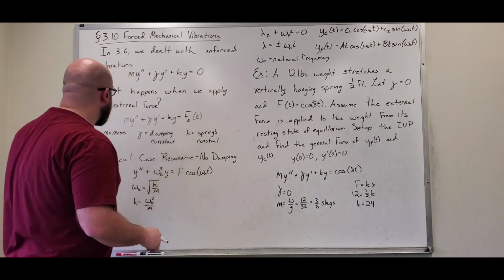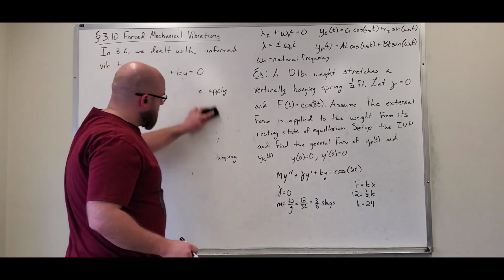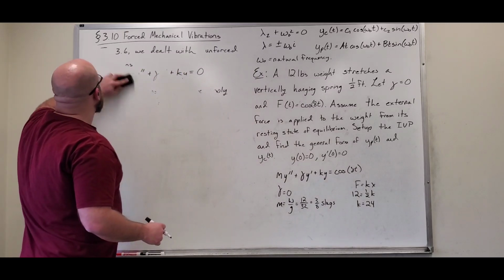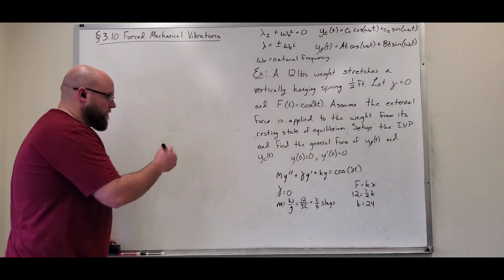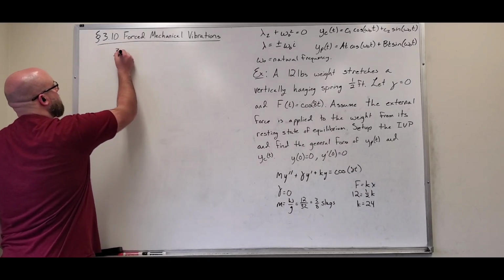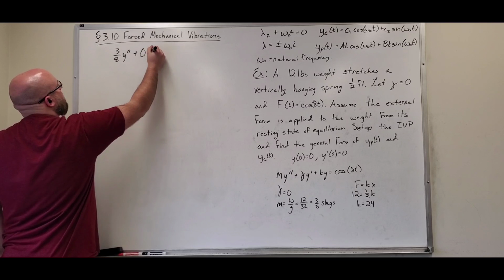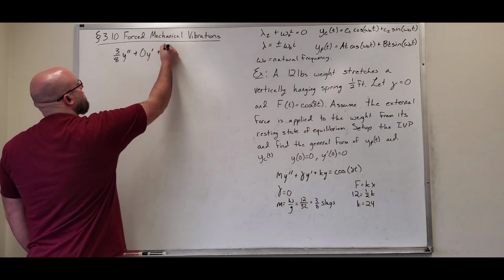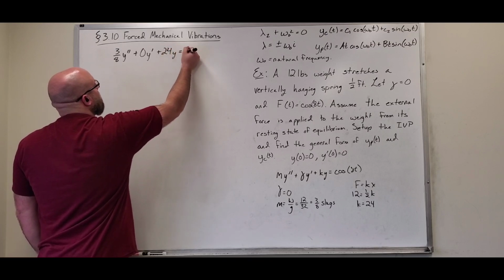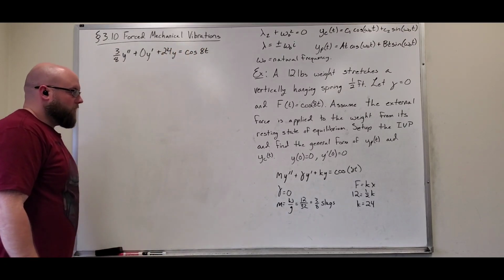So let's plug this all in. Okay. So we have our mass of 3/8 y'', and I'm going to put this 0 here just to show that we're plugging this into the appropriate spot, plus 24y is equal to cosine of 8t. All right.